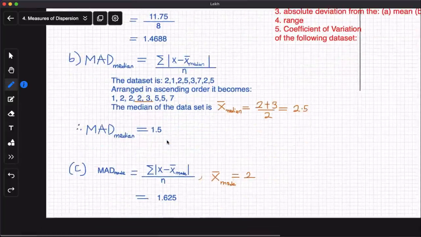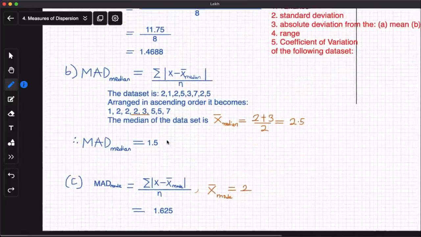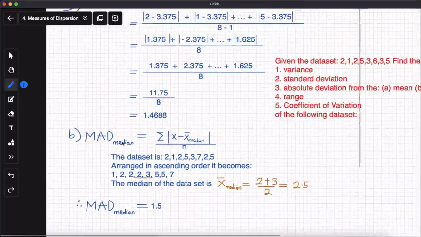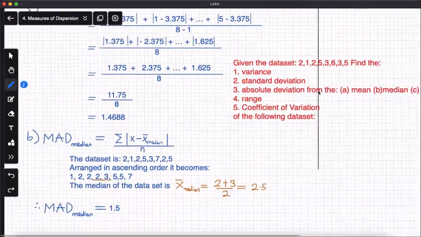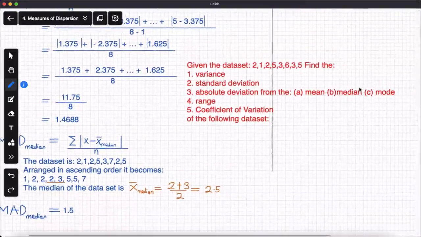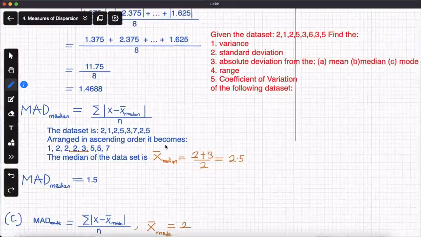All right, going on, this time we want to get the absolute deviation from the median. What's the median of our data set?